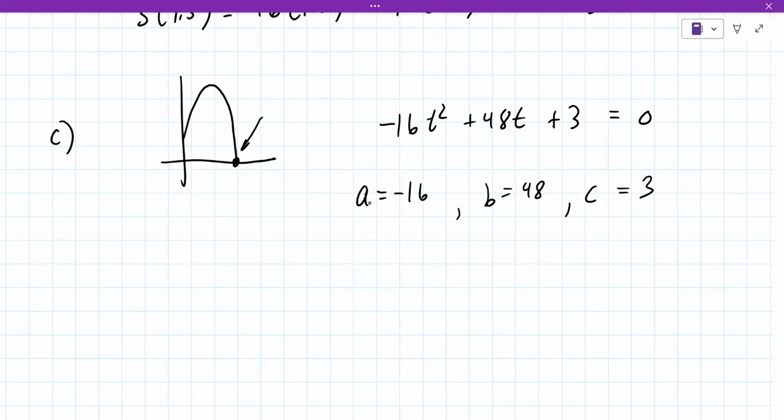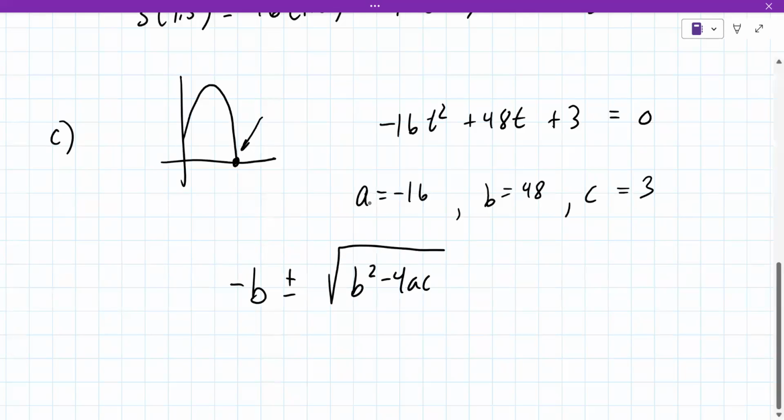All right. So from here, we've got opposite of b. So minus b plus or minus the square root of b squared minus 4ac all over 2a. And then we just start substituting the numbers in.